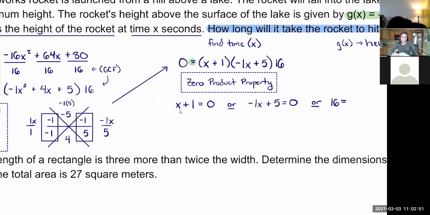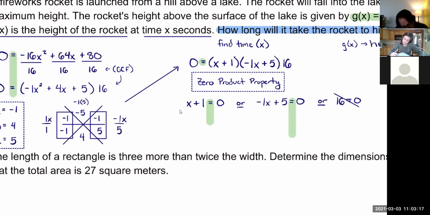Now, hopefully from the strife that I caused you earlier, can we all agree that 16 does not equal 0? And since there's no variable, is there anything I can do with that last one? No. Although it was important and it made our factoring a little bit easier, it's not going to give me an answer. These other two, however, I can knock out.